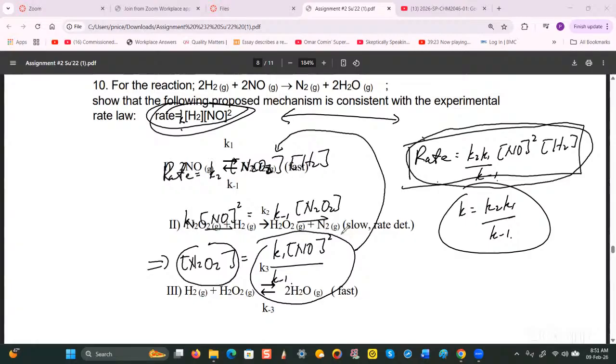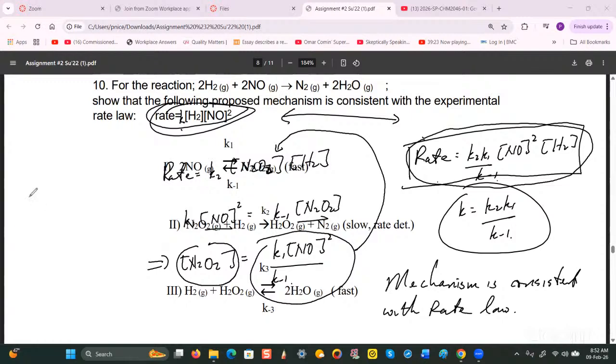All right. So the final answer to this question is that the mechanism is consistent with the rate law. And that's it.